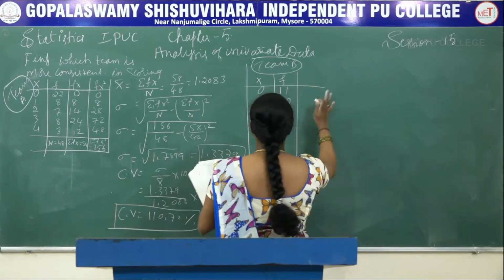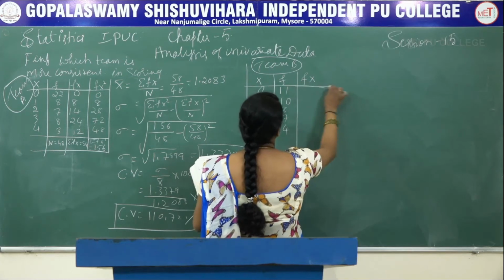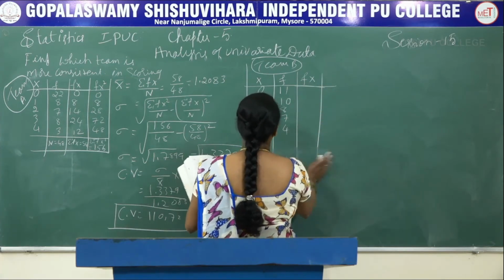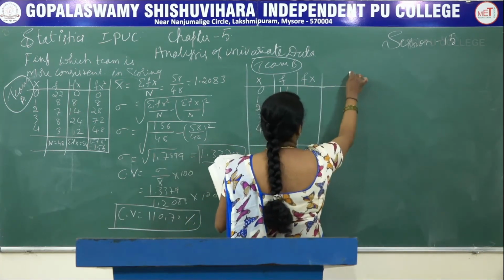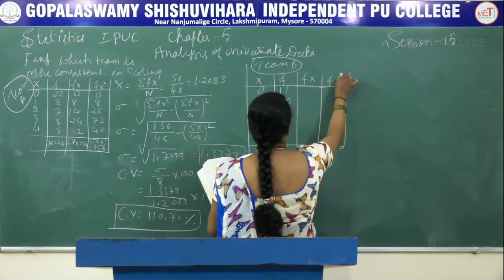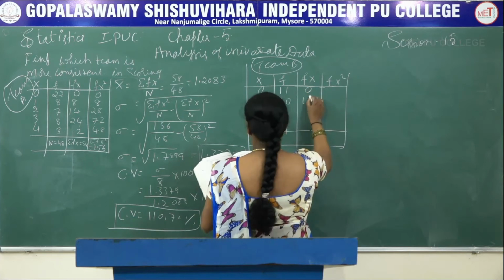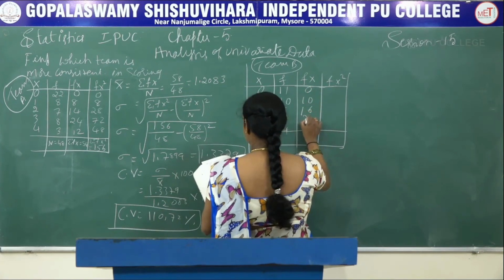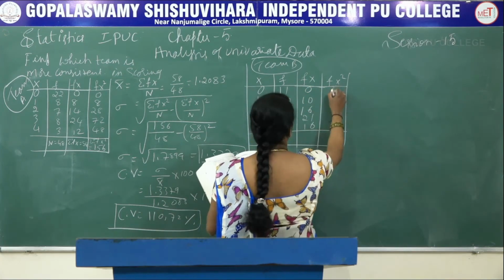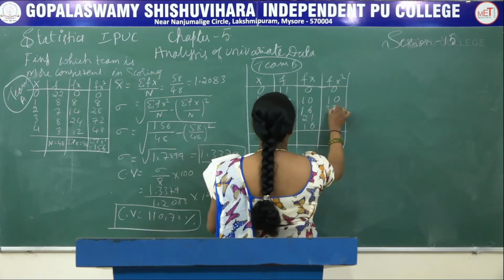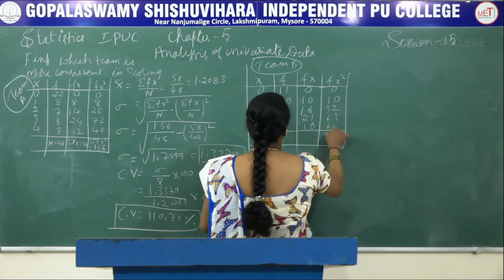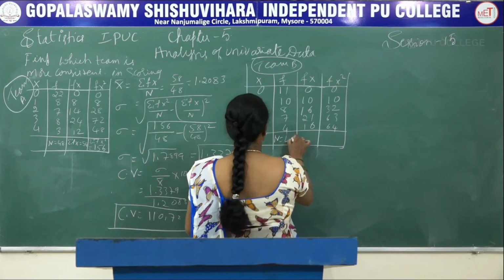And the same procedure I am carrying out here, no changes. Fx square, the columns, the formulas, everything is same, only the numbers will be different. Again I am squaring this, and now I am writing the summation of these things.